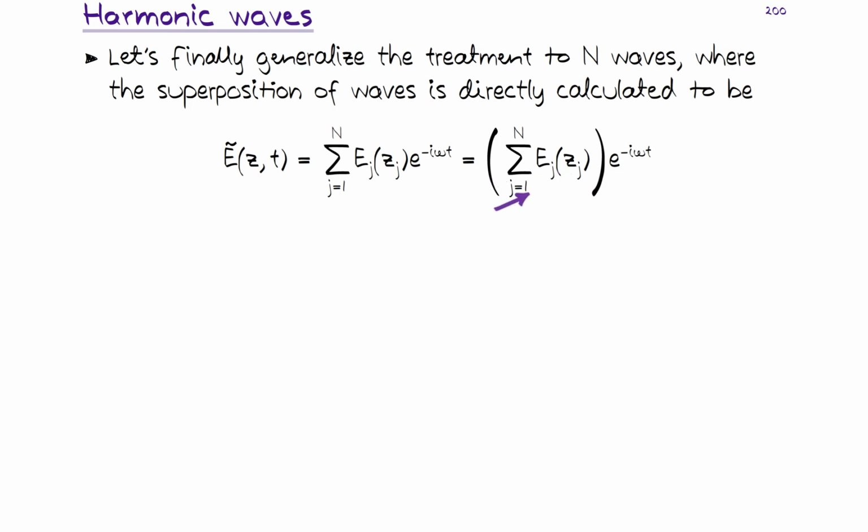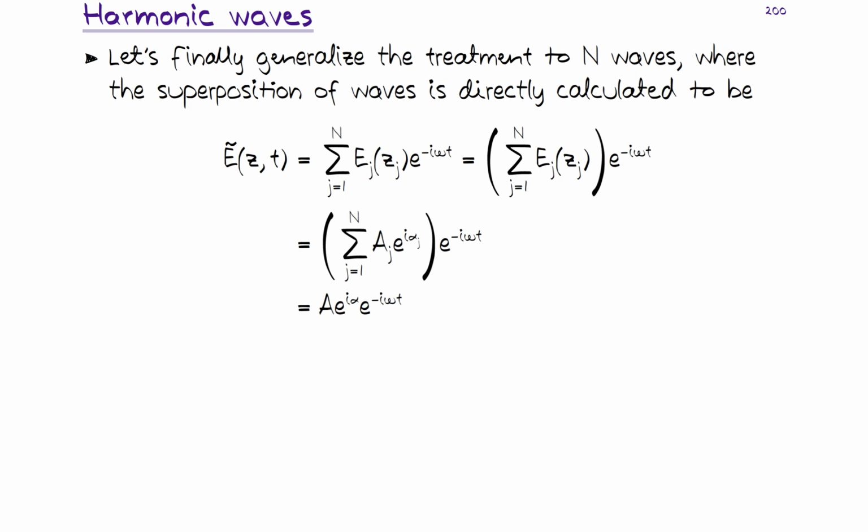So what I have left is a summation of the position dependent terms, the A_j times exponent i alpha_j, while the time harmonic contribution stays outside. And this summation I can actually simplify. I can always write this kind of sum as a single position dependent term.